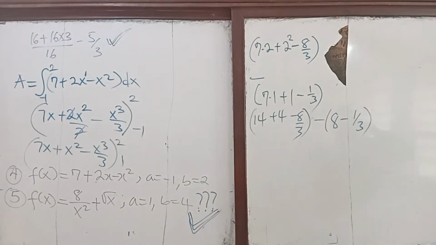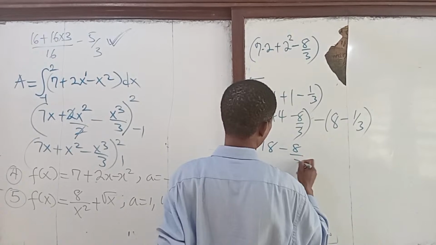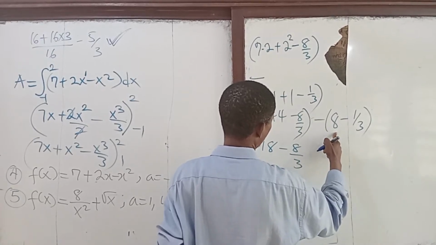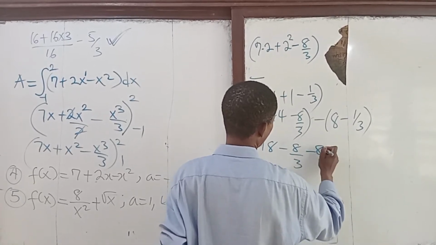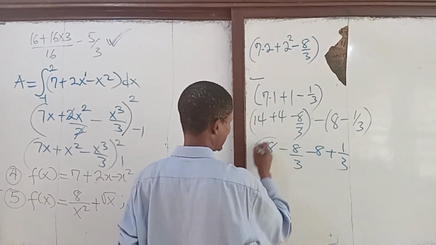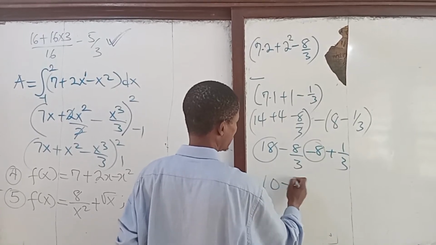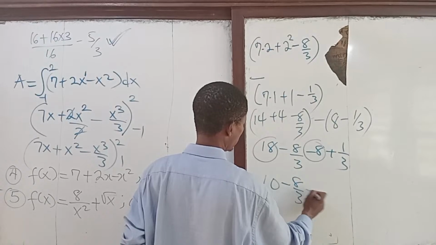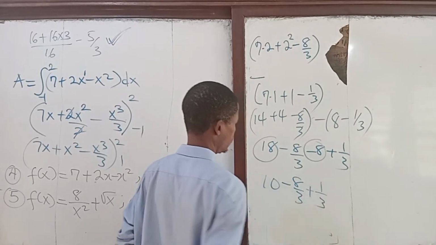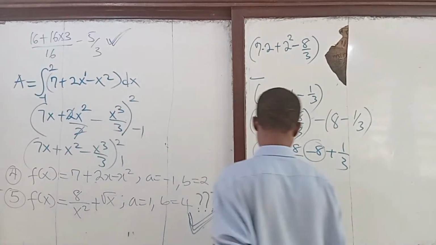Okay, so this will be 18 minus 8 over 3. You can open this bracket: minus 8 plus 1 over 3. So we can combine this one and this one together. That will be 10, and then minus 8 over 3, and then plus 1 over 3. We can solve this one together.